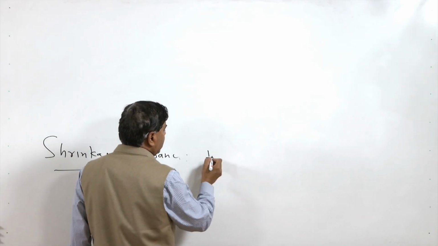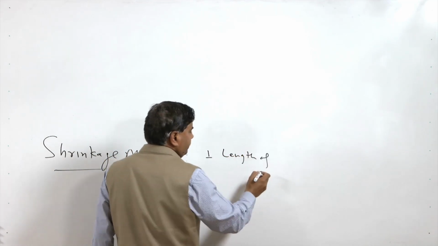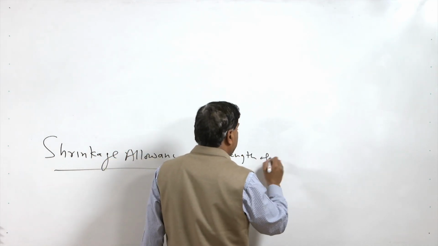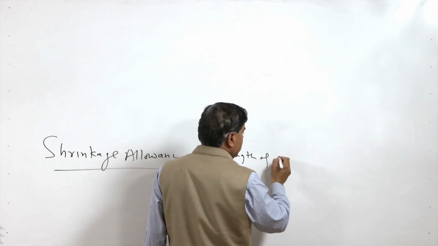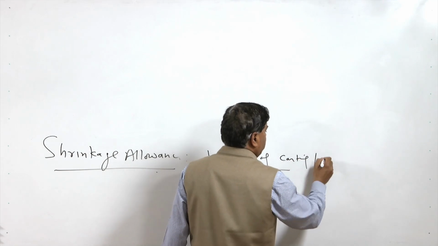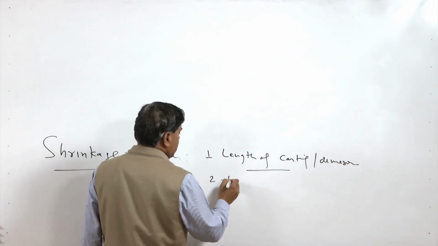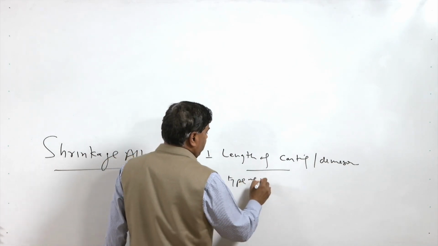One is the length or size of the casting, that particular dimension which is being considered, and the second is the type of metal.